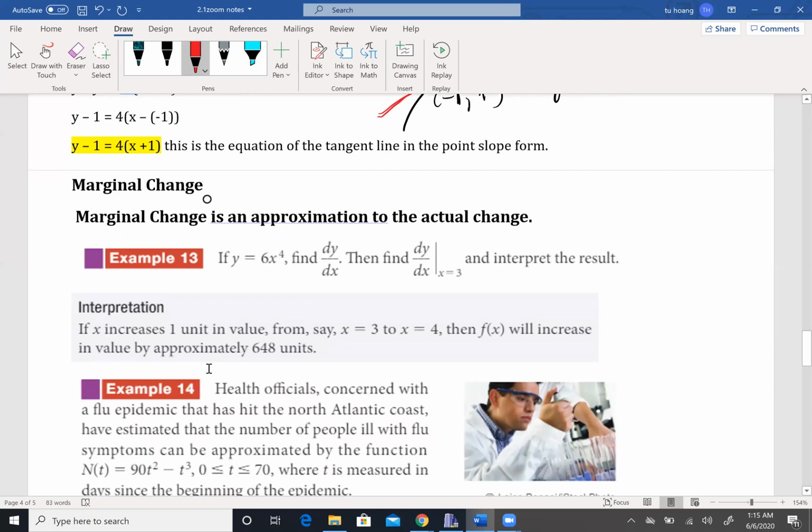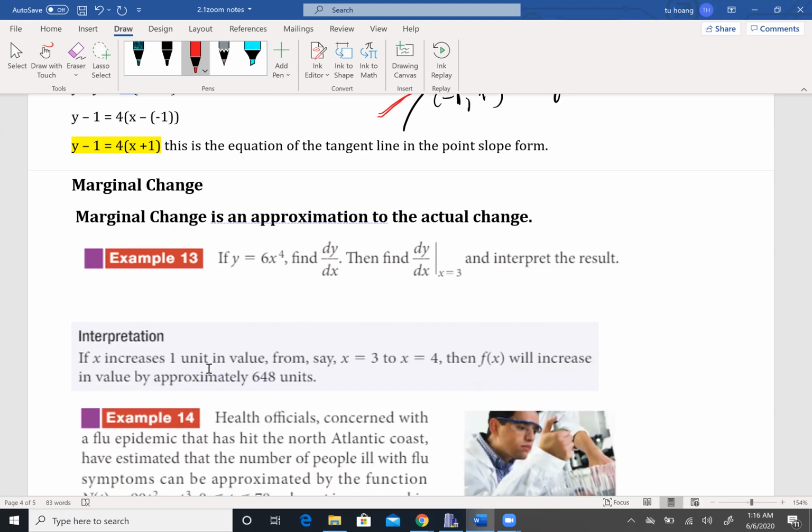If y equal to 6x^4, they want you to find the derivative of y, then find the derivative of y when x equal to 3, and finally interpret the result. Okay, let's do it. So I have y equal to 6x^4, right?